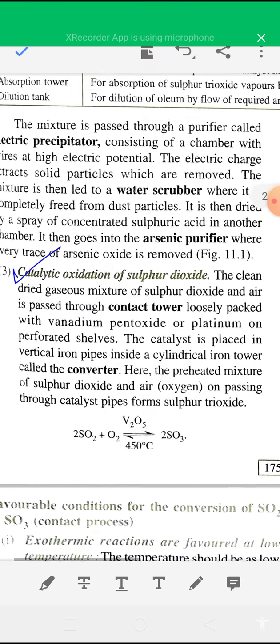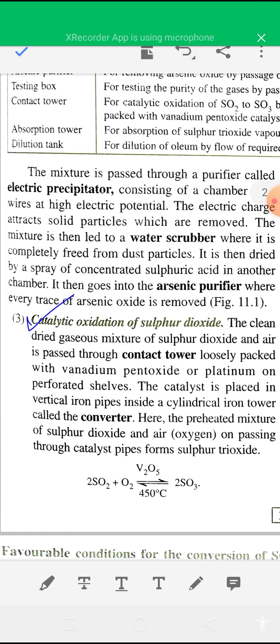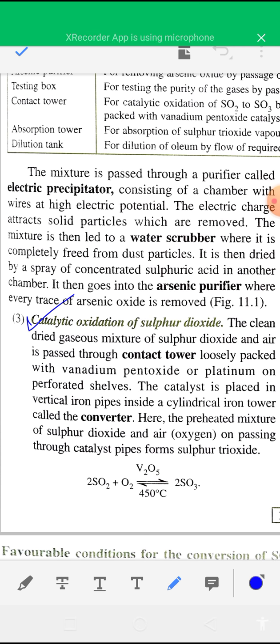In the third step, sulfur dioxide reacts with oxygen in the presence of vanadium pentoxide catalyst, V2O5, to give sulfur trioxide. The temperature required for this step is 450 degrees Celsius. Only chemical equations and conditions you have to remember.